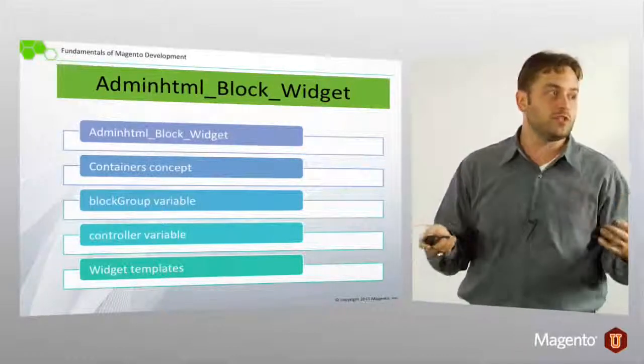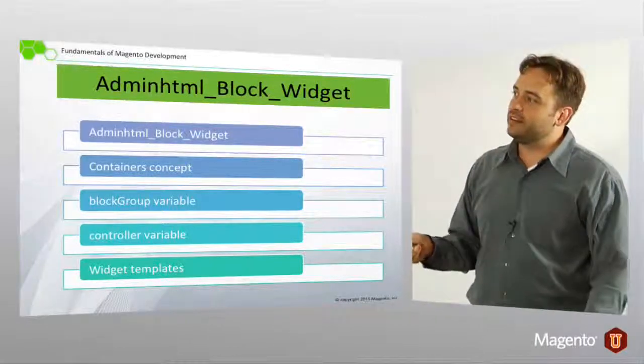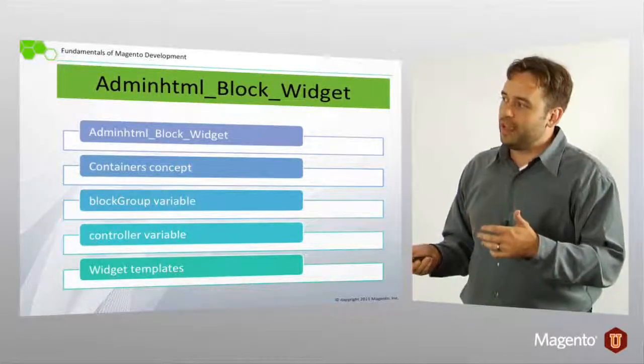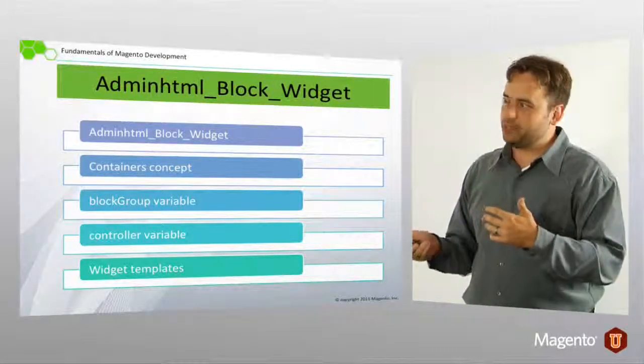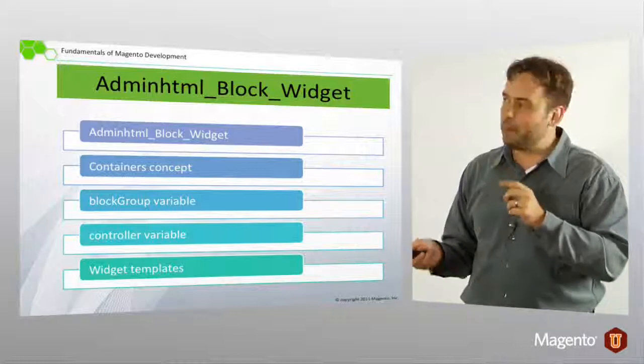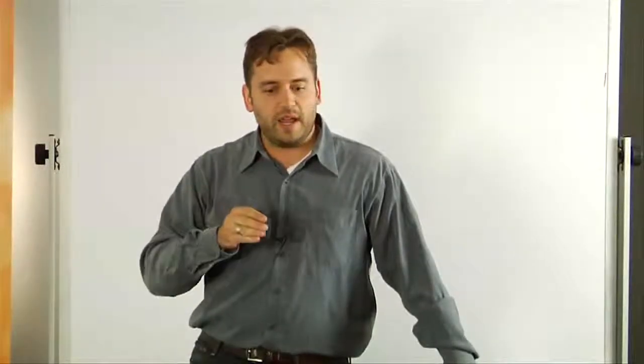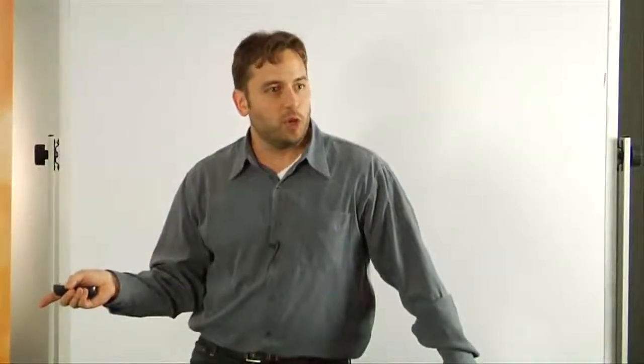And in order to use this system, we have to define a block group variable, and we'll look at these other items here in just a moment. But basically, through simple configuration, we can create all of the classes we need without having to specify them. I mean, obviously we have to create them in our code, but the system will go ahead and try and instantiate them and use them.